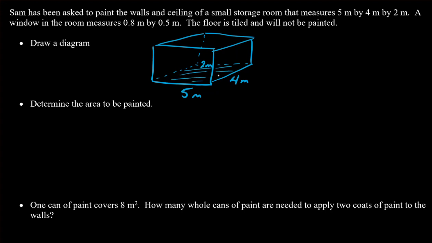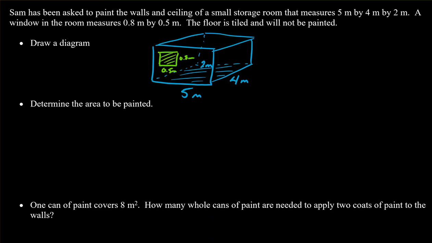Nobody cares about the floor. But what we do care about is the ceiling, the sides and the other sides. And one last little bit of information here is that there's a window in the room that measures 0.8 by 0.5, 0.8 meters by 0.5 meters. And that's not going to get painted either.